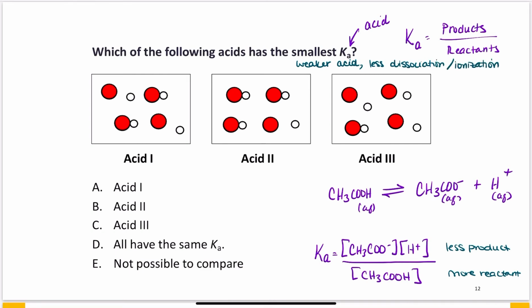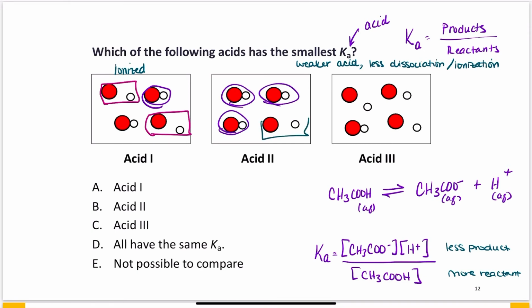The way these molecules are written, this is a complete molecule. This is ionized. So you want to find the system that has the most molecules still together. Here I've got two molecules together versus two separate. So the Ka would be equal to 1. Here I've got 1, 2, 3 molecules together versus one molecule separate. So this is like a 2-to-2 ratio.